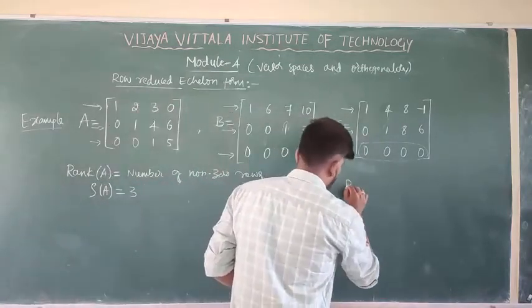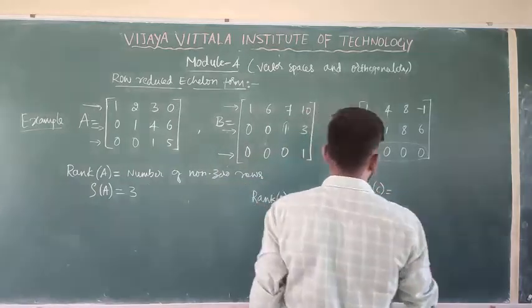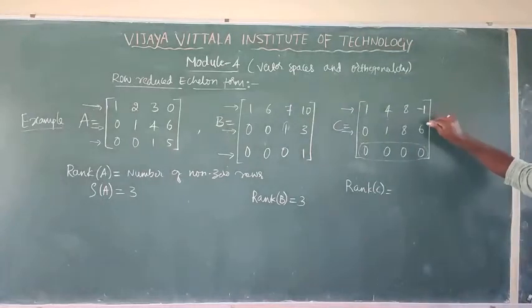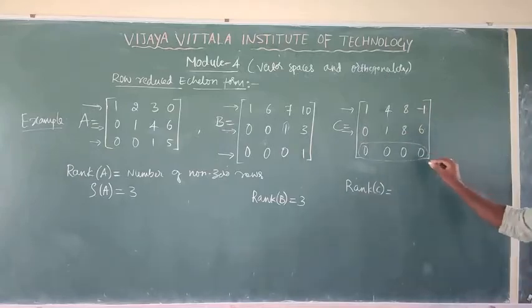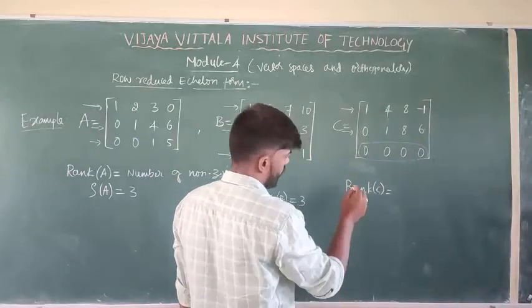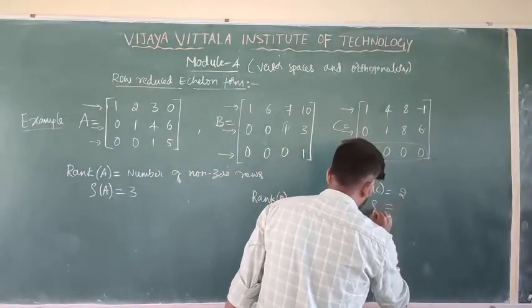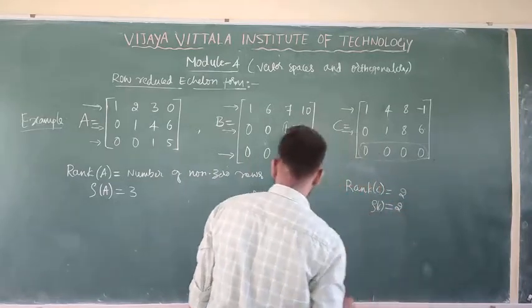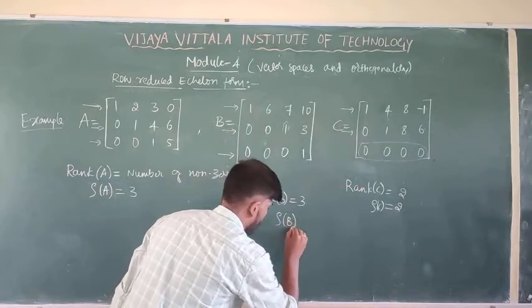Here the rank of C is the number of non-zero rows. We have only two non-zero rows in the matrix C. The last matrix is the zero matrix. Therefore, the rank of C is 2, the number of non-zero rows, which is equal to rho of C. Rank is denoted by rho of that matrix.